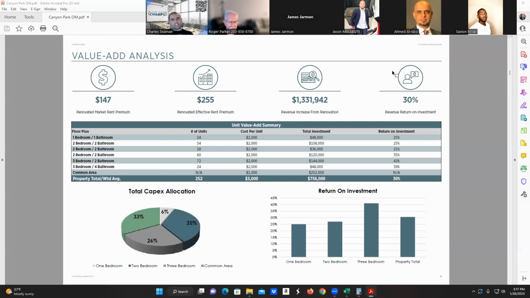But I think it's really a case of assessing the market that you're in, seeing what type of demand you have, and looking at what the comps are getting. So my general thought is, if I look around and see in an immediate area that a lot of people are charging $100 more than the subject property, and they're all fairly close, decent comps, then I feel confident that I can probably do the same thing.